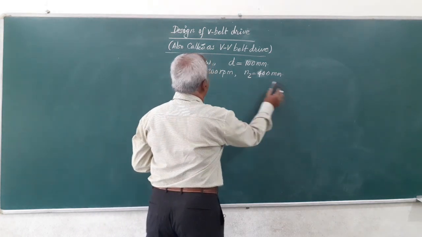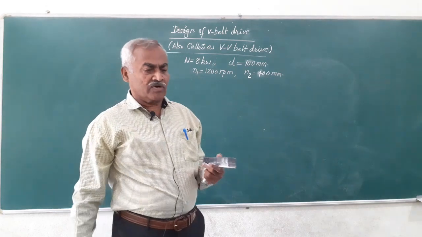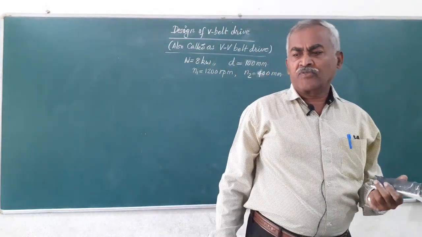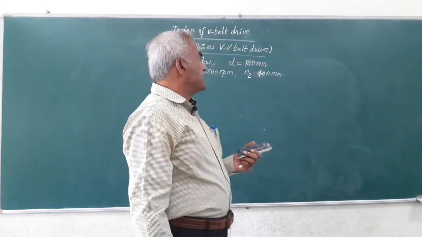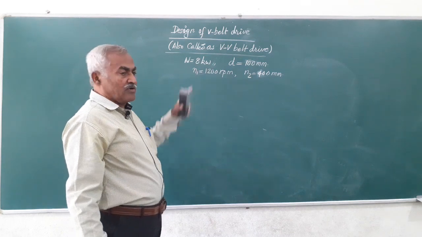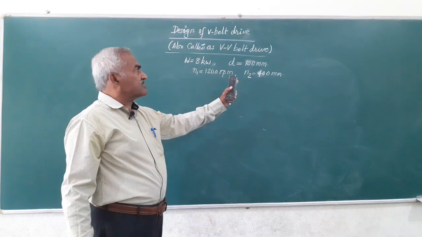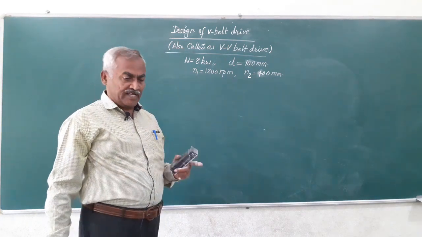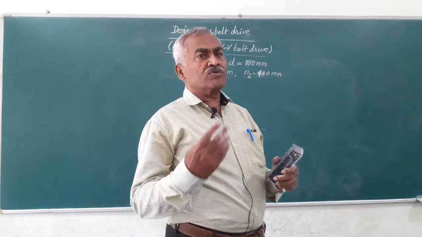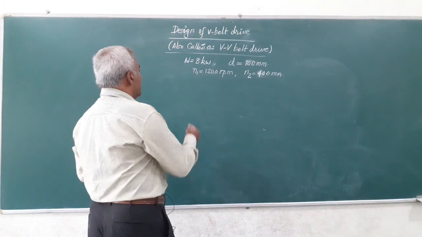With this data, I should be able to find out how many belts are required. So friends, when I say design of a belt drive, basically you will have to find out how many belts are required to transmit the given power, what should be the cross section of the belt, and what should be the diameters of the driver and driven pulley. Friends, now I am going to follow two simple steps to design this V belt drive completely.